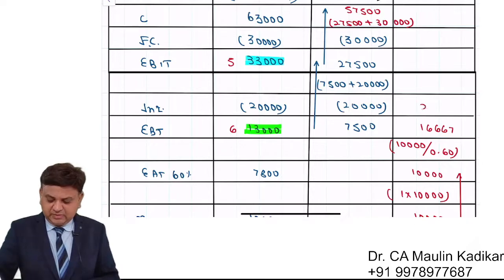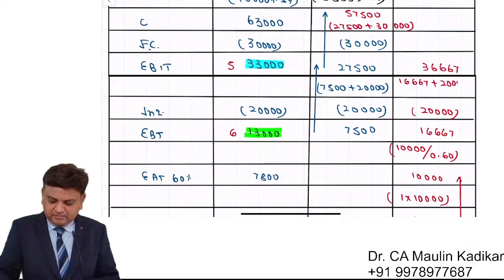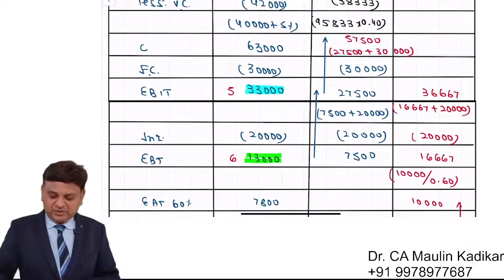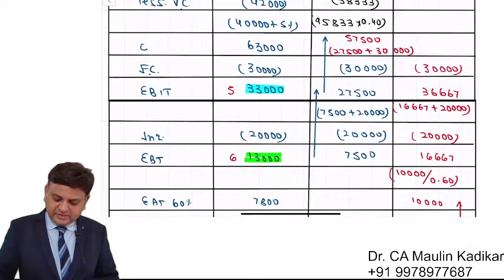Amount of interest is again 20,000. Operating income will be 36,667, that is 16,667 plus 20,000. There is no change in the fixed cost, 30,000. So the amount of contribution will be found as a balancing figure, again backward working.